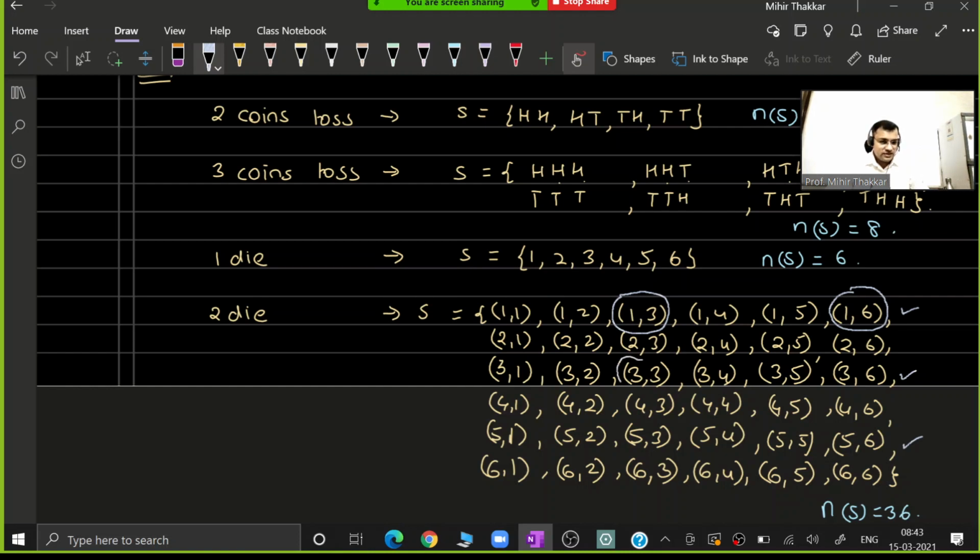But yes, 3 3 can be applied because the first 3 is an odd number and the second 3 can be considered as a multiple of 3. The same thing goes for 3 4 and 3 5. They cannot be applied because 4 and 5 are not multiples of 3. Whereas 3 6, the first number 3 represents an odd number, the second number 6 represents a multiple of 3.